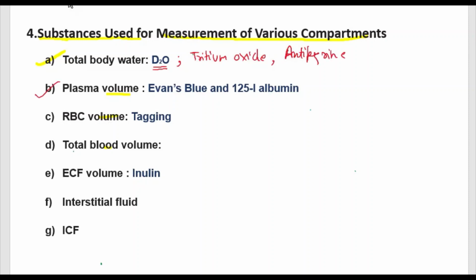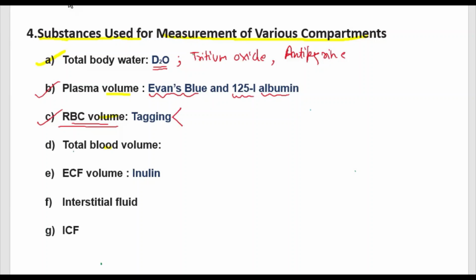When we measure the plasma volume, we use Evans blue dye or radiolabeled albumin, iodine-125 albumin. For the measurement of RBC volume, we use a tagging technique. In this tagging, we tag the RBC surface with a radiolabeled element or with an antigenic element.